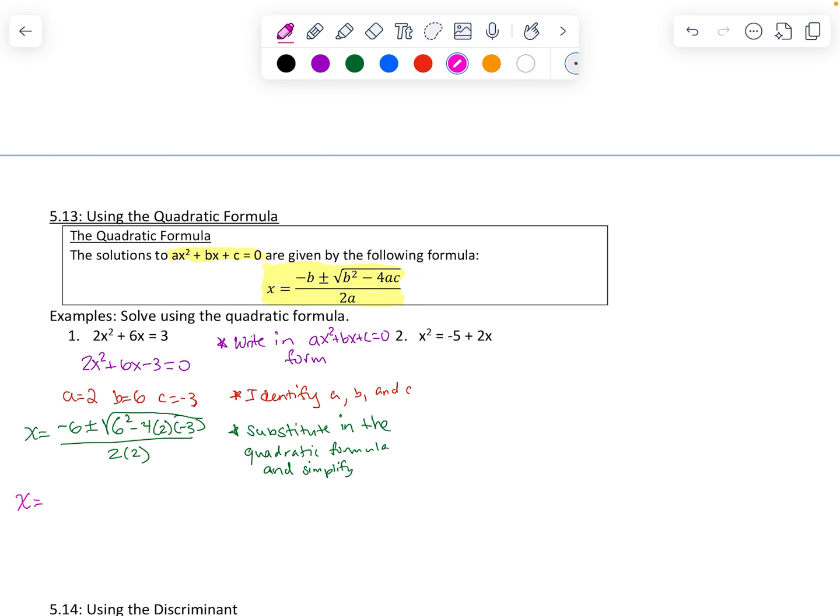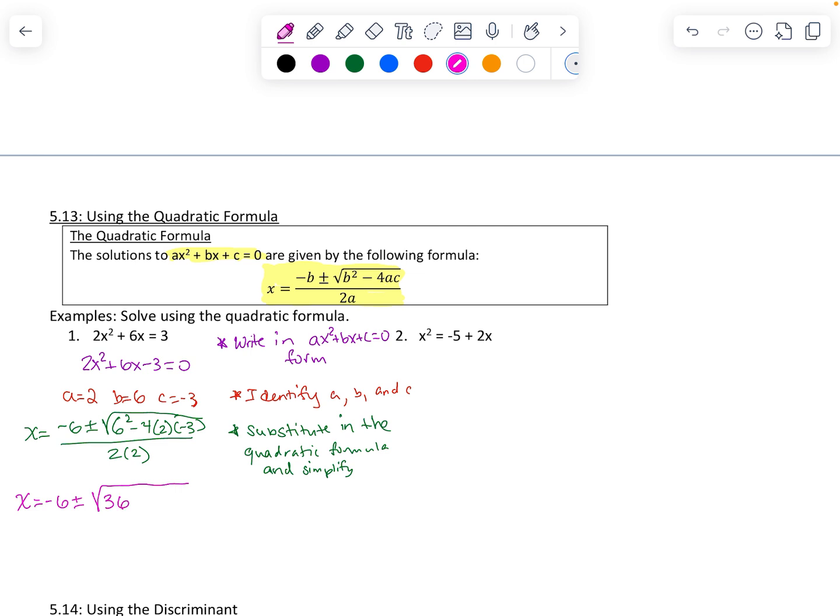So I do want to warn you that this thing on the bottom is underneath the entire top. I'm going to write it as negative 6 plus or minus the square root. And we're going to do the stuff that's inside of the radical first. So I'm going to do the 6 squared first.